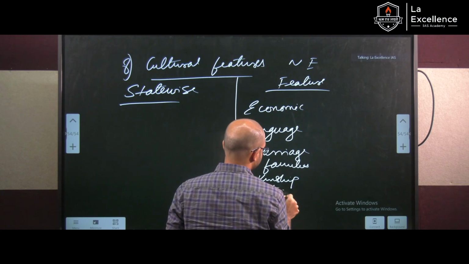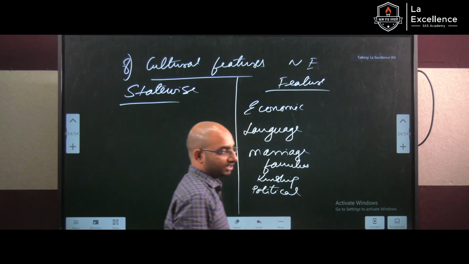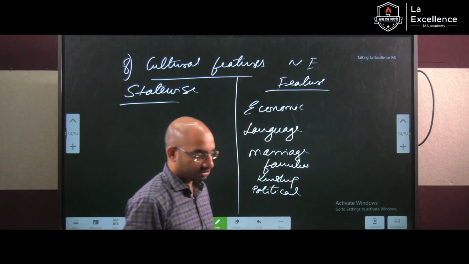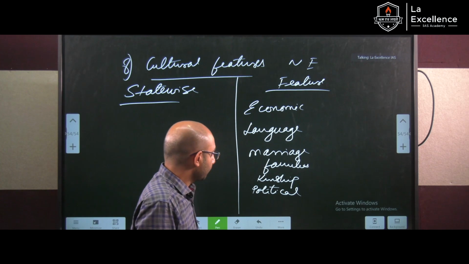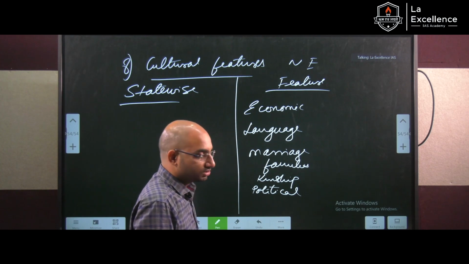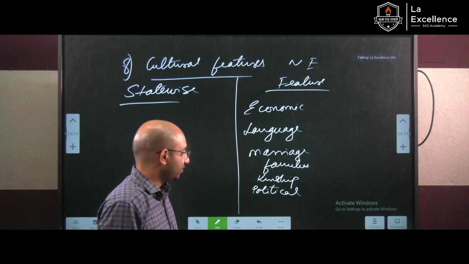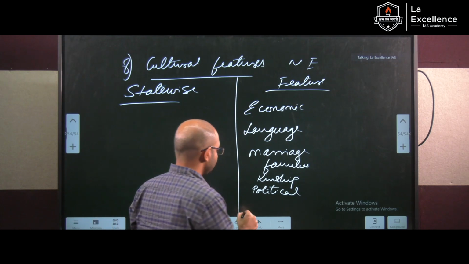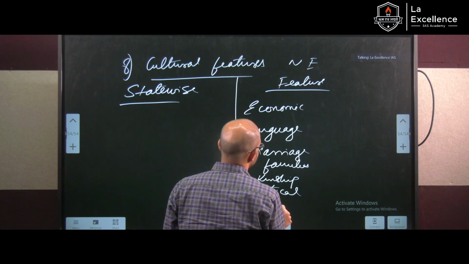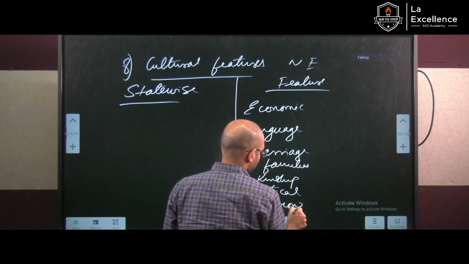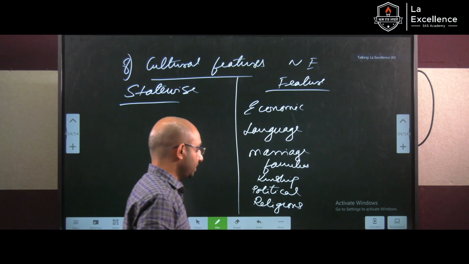Here talk about negatives also. For example, headhunting, violent culture among Garos and Nagas, and having political councils, village-based councils for resolving disputes and managing common property. And then religious beliefs: animism, animatism, ancestor worship.